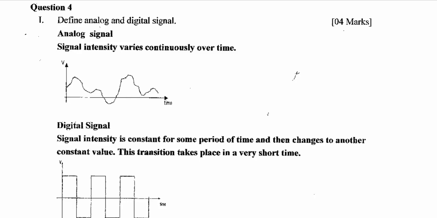If you compare a digital signal with an analog signal, we can see a number of time periods, and for different intervals we have specific amounts of amplitudes. So you can draw two signals and then briefly write what an analog signal and a digital signal are.